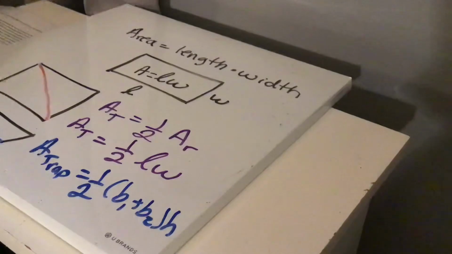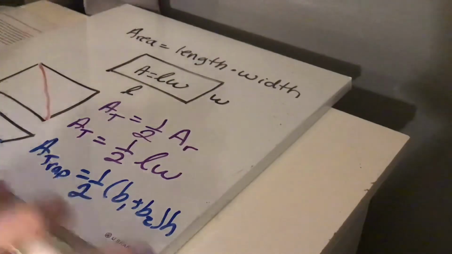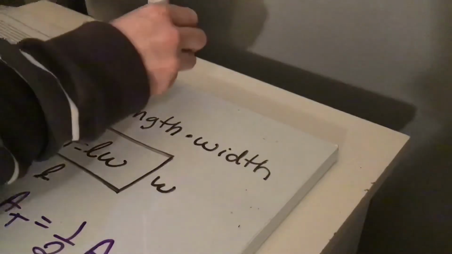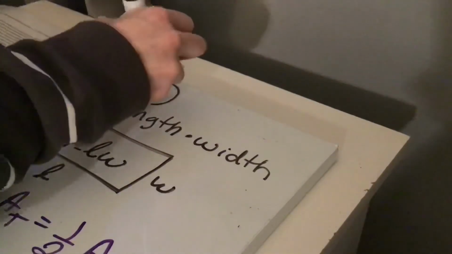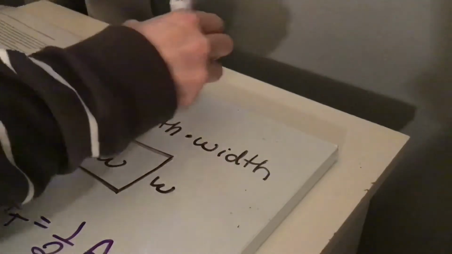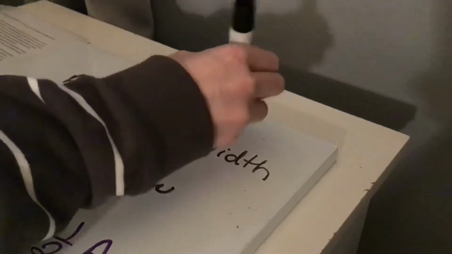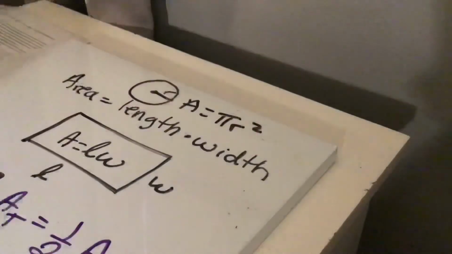We also can say that the area of a circle, right? Here's our circle. The radius goes from the center to a point, and the area here is pi times the radius squared. Okay, these are all closed geometric shapes: circle, rectangle, triangle, trapezoid.